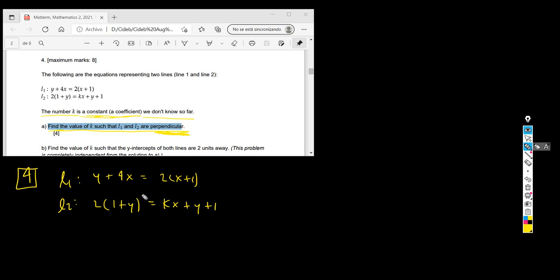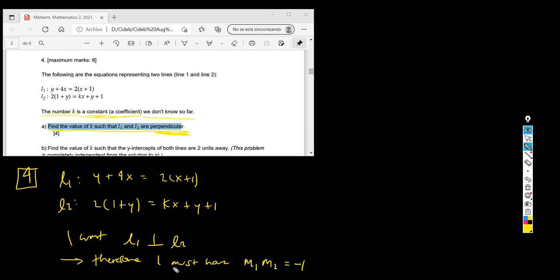Okay, so if I want, that's the key word, I want line 1 to be perpendicular to line 2. And yes, this is the way you say it. Line 1 is perpendicular to line 2. I want this. Therefore, let me write it down. Therefore, I must have that m1 being the slope of L1 times m2 being the slope of line 2 should be equal to -1.